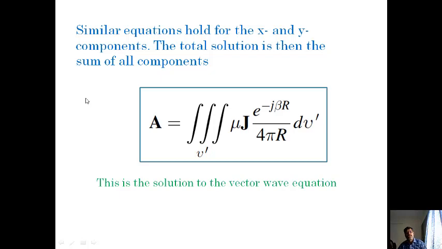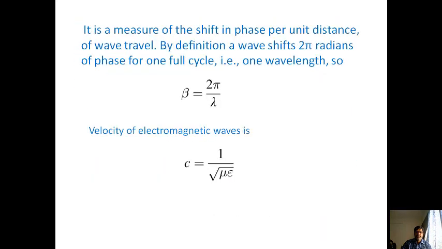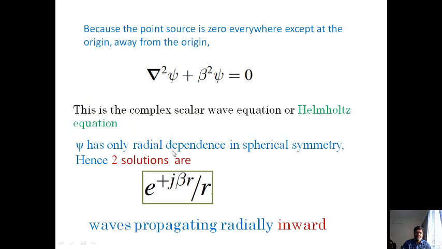Similar equations can be written for the x and y components because A has 3 components: Ax, Ay, Az. We have computed the solution for Az. Similarly for Ax and Ay, if you see equation 11, all the 3 equations are identical. Therefore, once we compute the solution for Az, we can just replace z by x and y, and then we will get the solution for the other 2 components also.